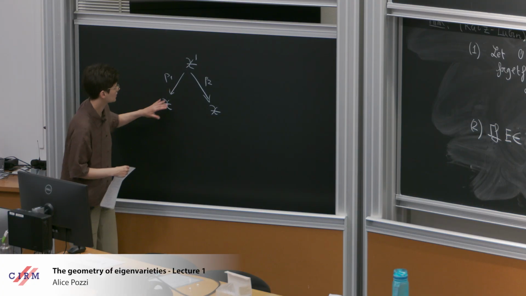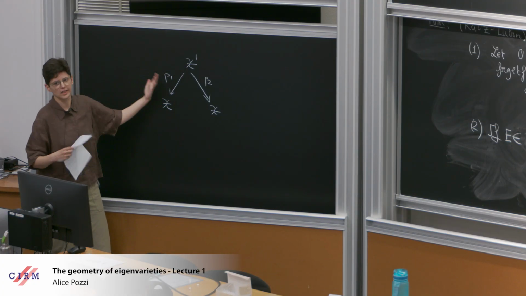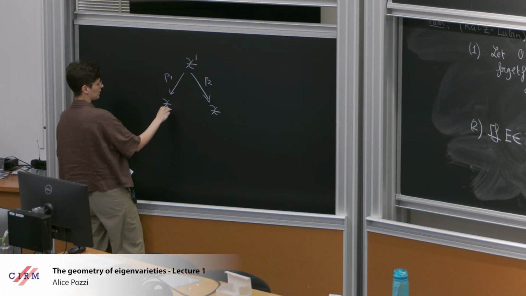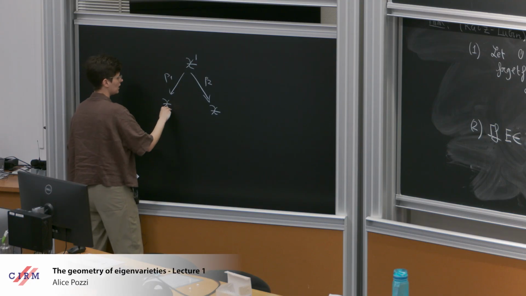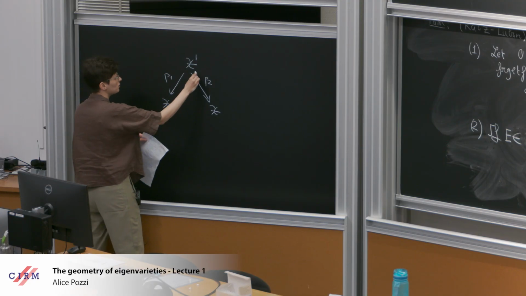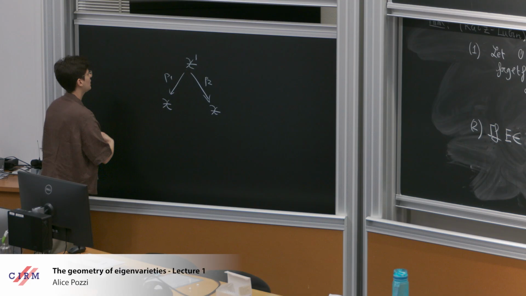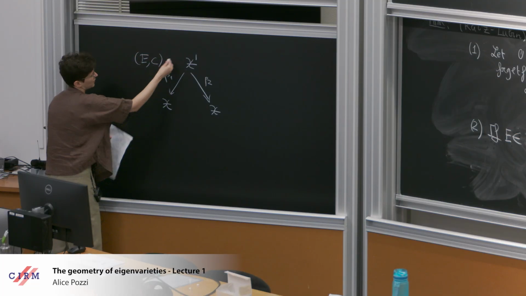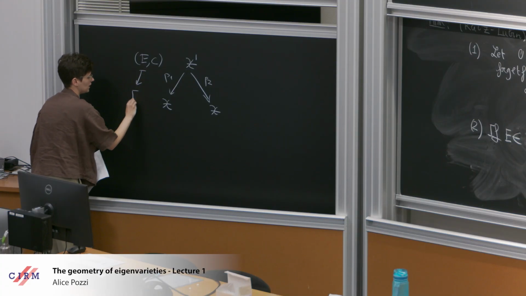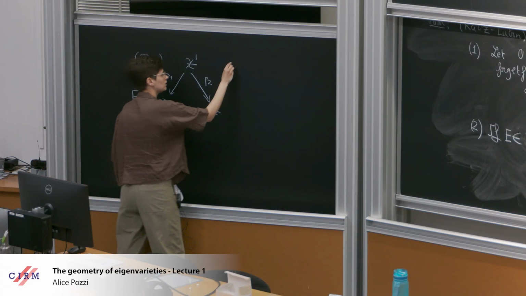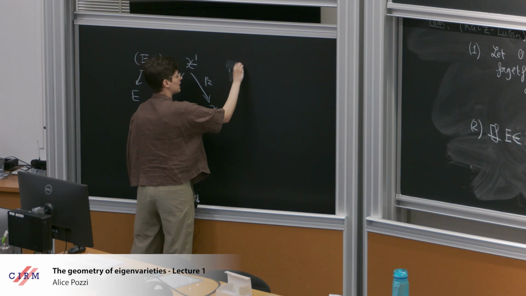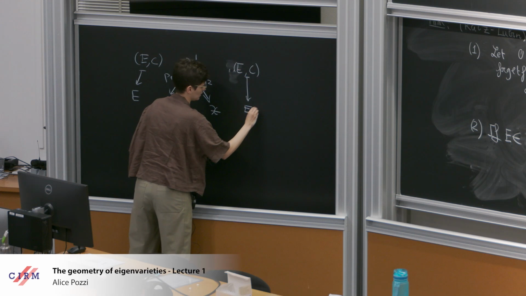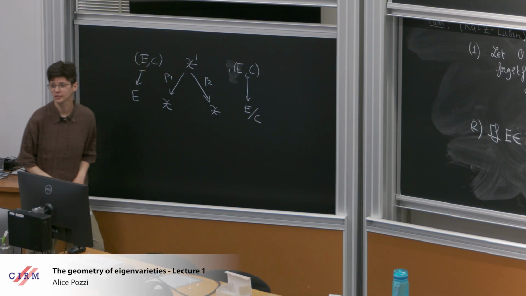So the key point when viewing this as a correspondence is that we have two maps from X prime and X, one that takes E and C, I'm always forgetting the extra piece of datum, to E, the forgetful one, and the other that takes the pair and maps it to the quotient.